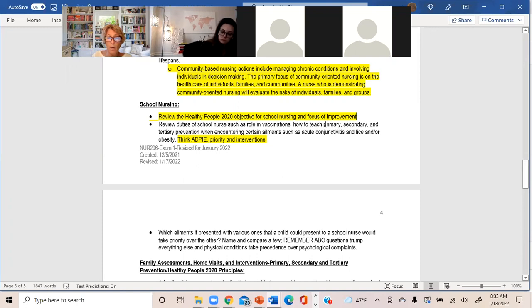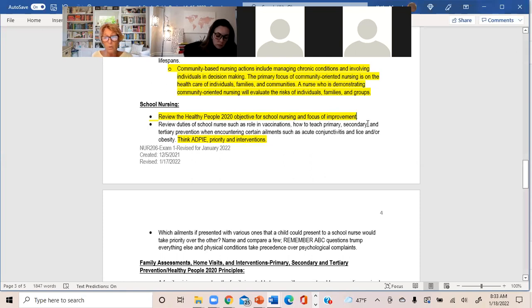Okay. Primary, secondary, tertiary in the schools. I don't know, let's talk about obesity. Primary, maybe getting in the elementary school level and talking about the adverse health effects if you become obese, trying to prevent it, right? Maybe secondary is you go in the schools and do screenings, BMI screenings, who's at risk for becoming obese?